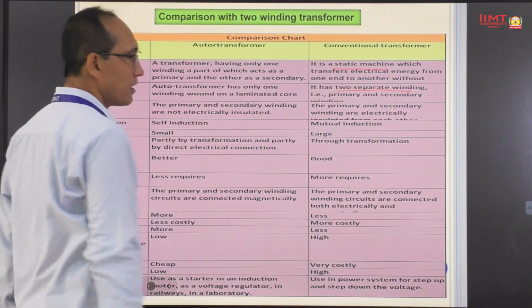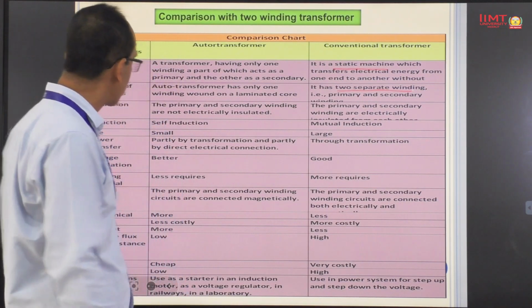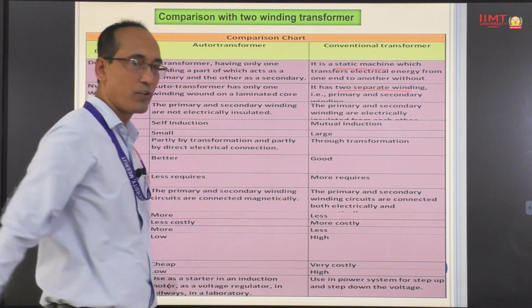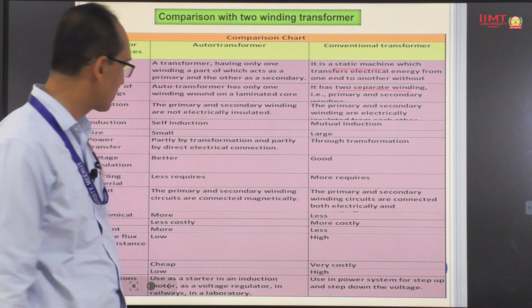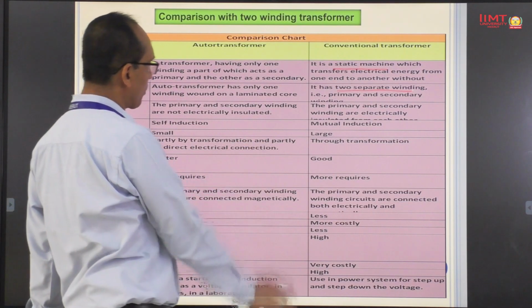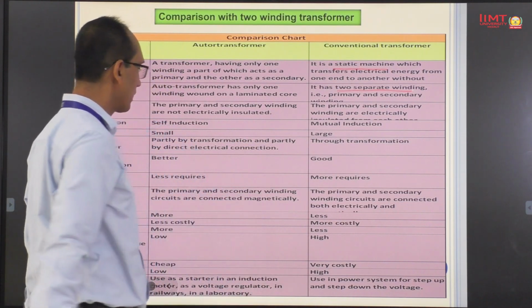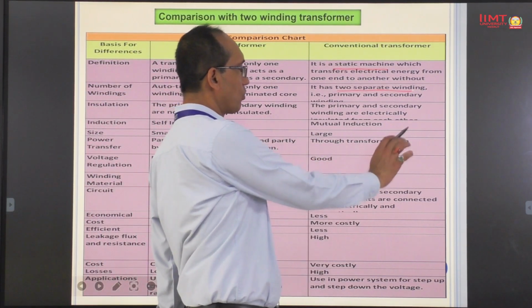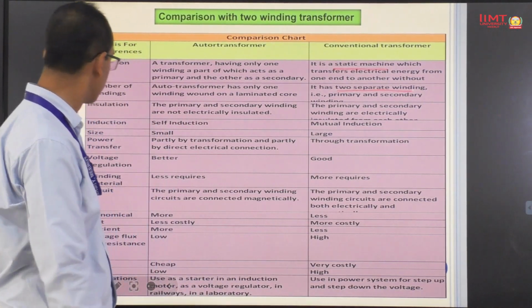Next, size. In case of auto transformer, it is comparatively smaller in size, and the conventional transformer has bigger size. Power is transferred partly by transformation and partly by direct electrical connection, but in case of two winding transformer, through transformation only.